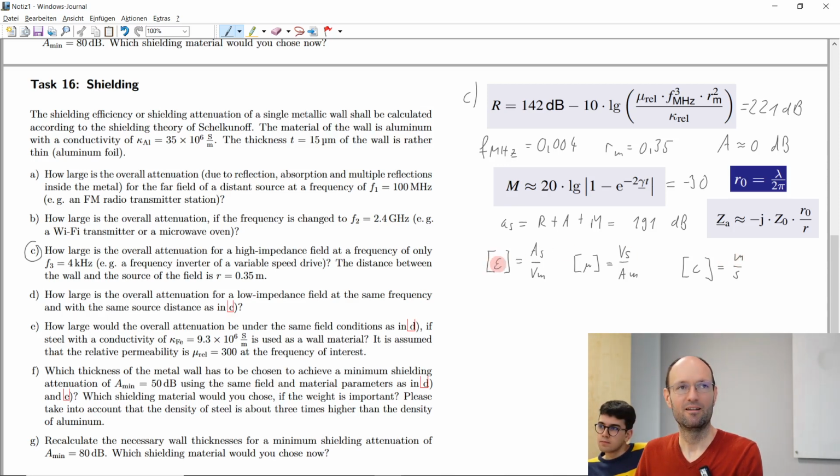If we have mu multiplied with epsilon, then ampere and volt would cancel each other, but we get seconds squared per meter squared. So we need the product of the two, then the square root, and then the reciprocal value.